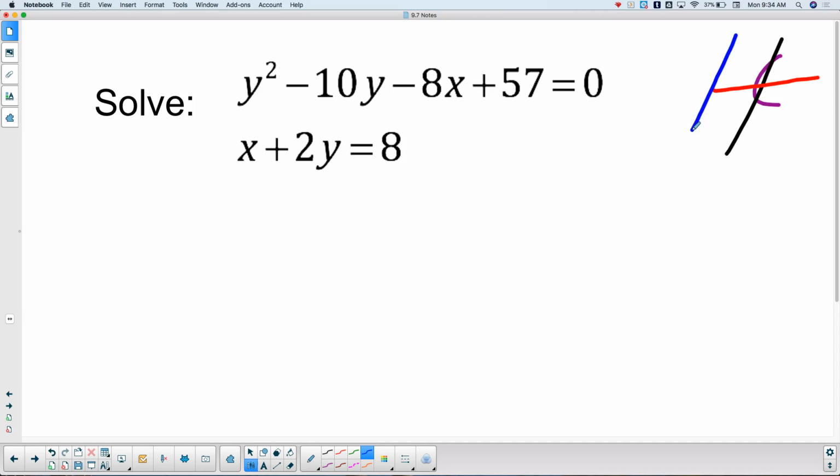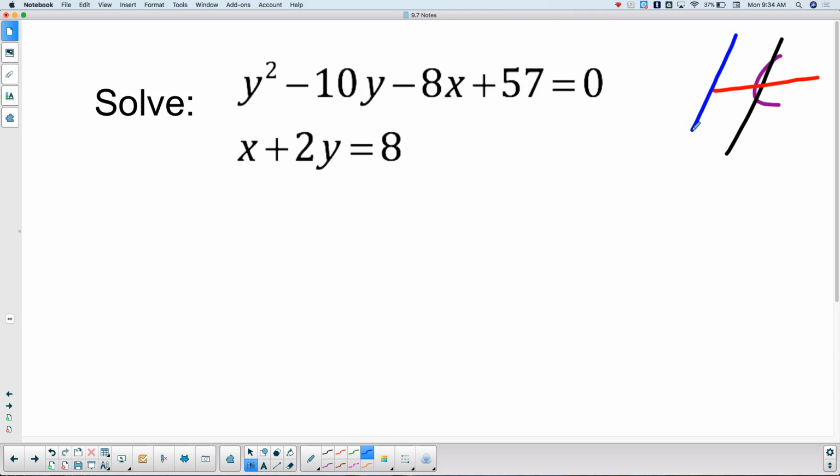Right? Okay. So I'm either looking for 0 points, 1 point, or 2 points. Okay? Can't have 3, can't have 4, or any more than that. Right? Okay. Preferred method, obviously, would be substitution. So I want to solve what for what?